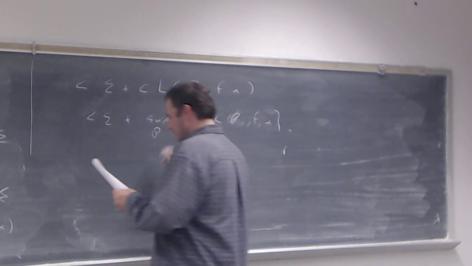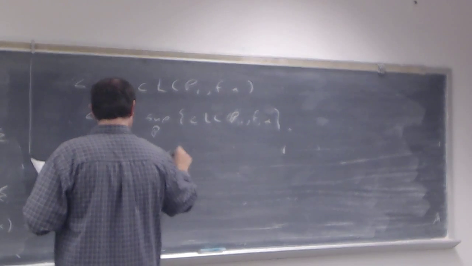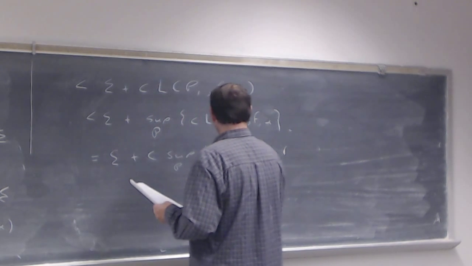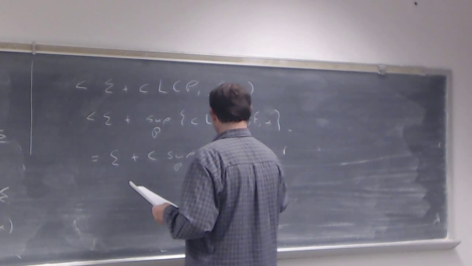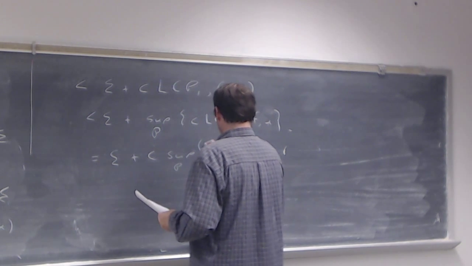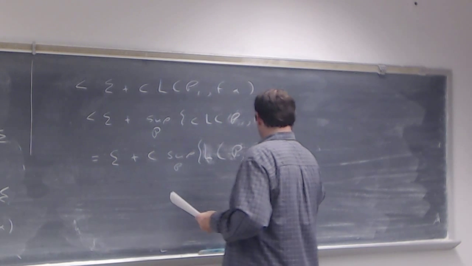And you pull out that C, and this is going to be equal to epsilon plus C times the sup over all partitions of this lower sum with P, F, and alpha.